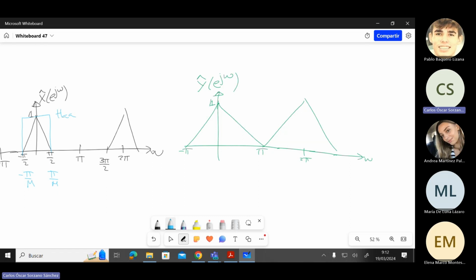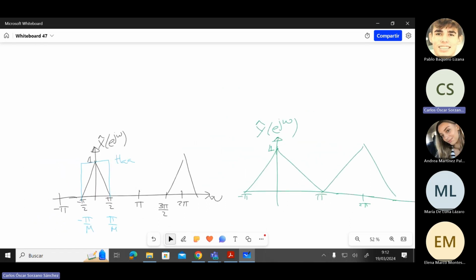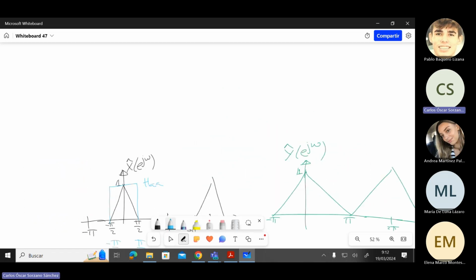Let's say that my spectrum at the beginning was like this, going from minus pi to pi.